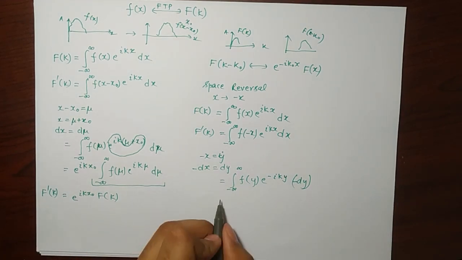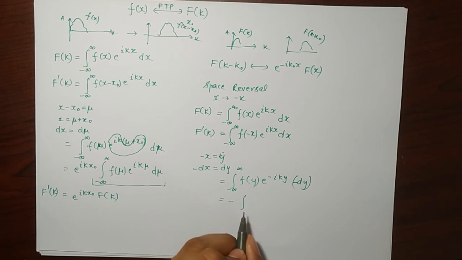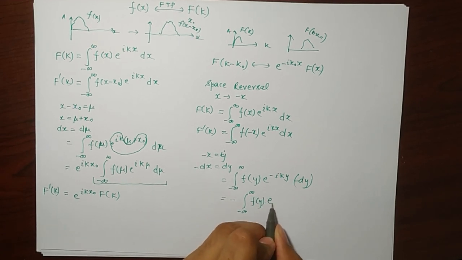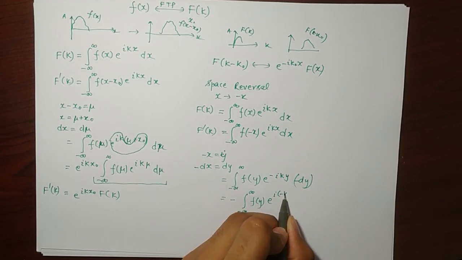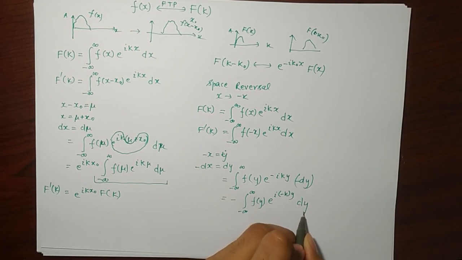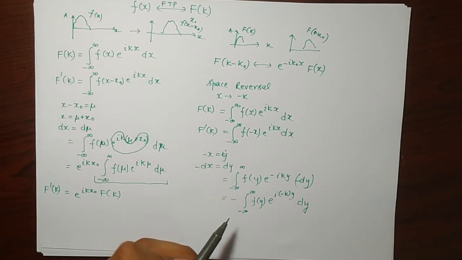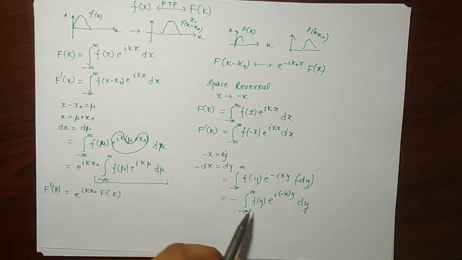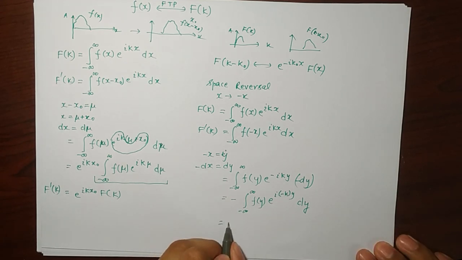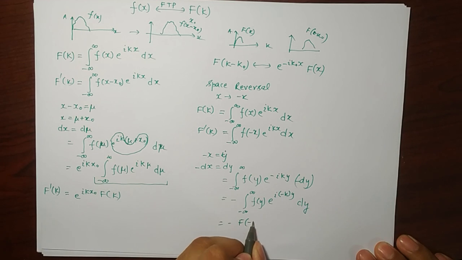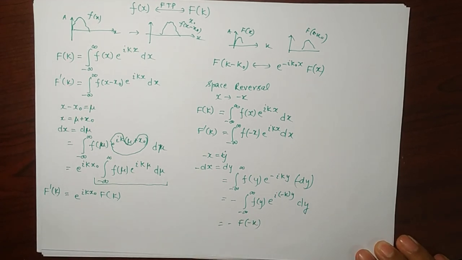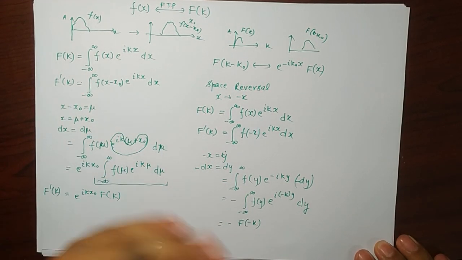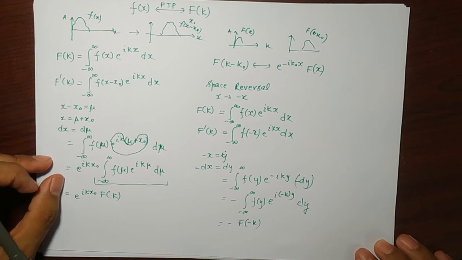When you put this minus sign in front, you can represent this thing as this. So this is again a Fourier transform, but the point is that it is not the same. This corresponds to f of minus k. So it's very easy to play around with the signal and see what effects it causes in the frequency spectrum.